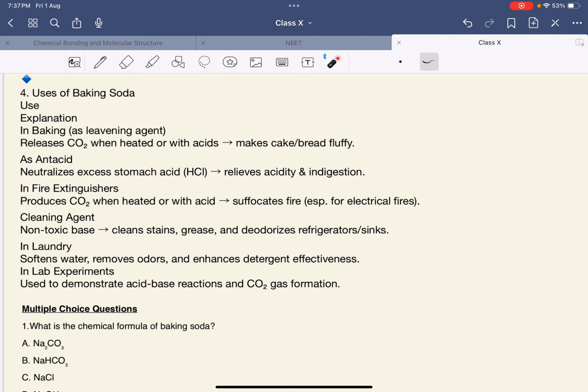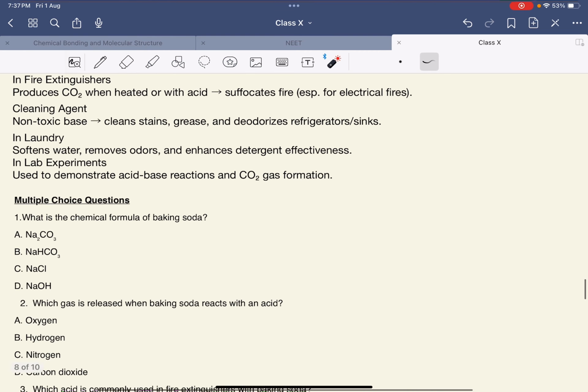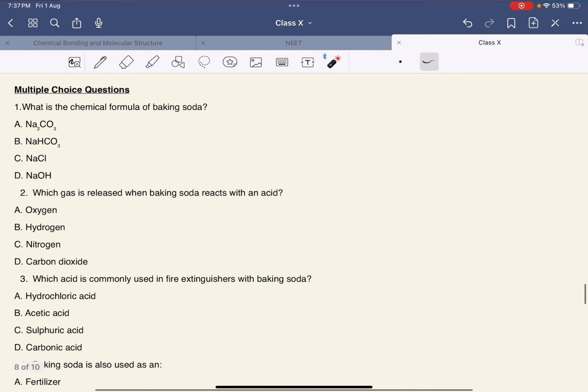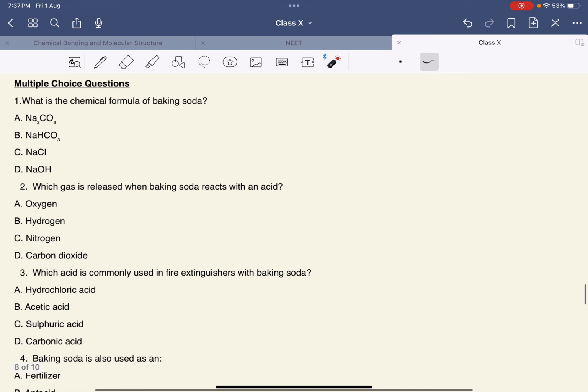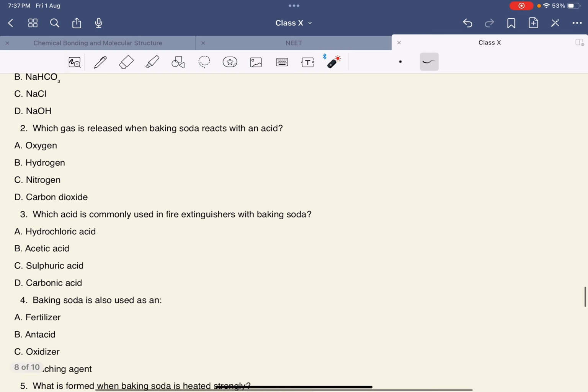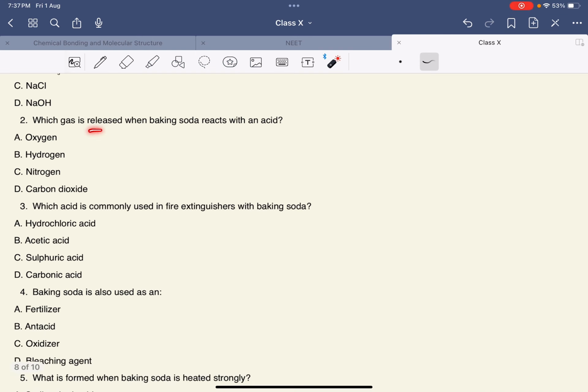On the basis of this method of preparation, properties and uses, some multiple choice questions are very important for CBSE examination. What is the chemical formula of baking soda? Sodium hydrogen carbonate. Which gas is released when baking soda reacts with acid?